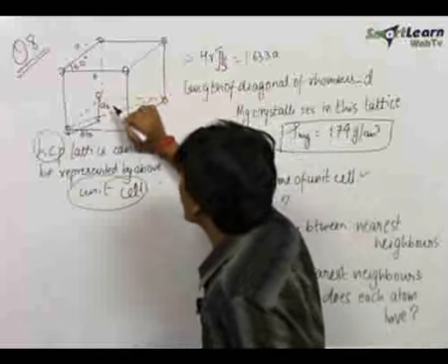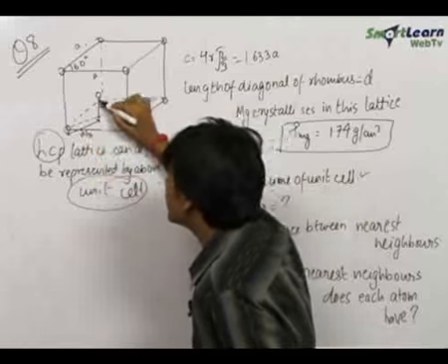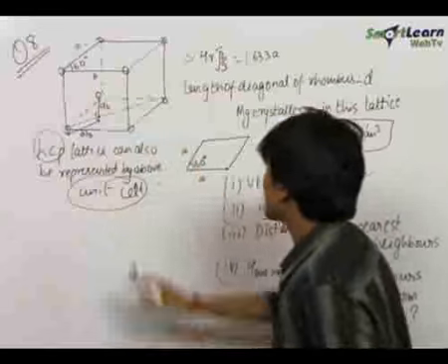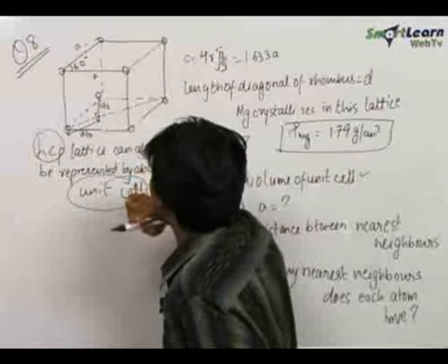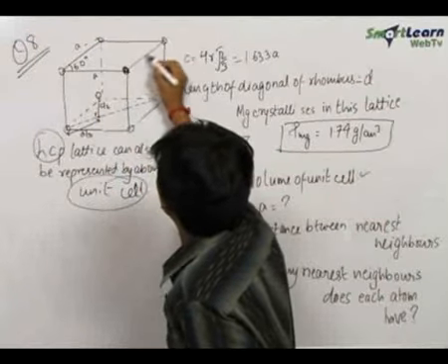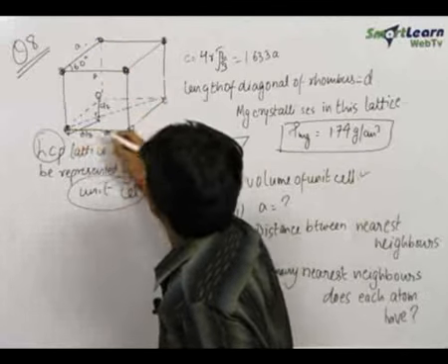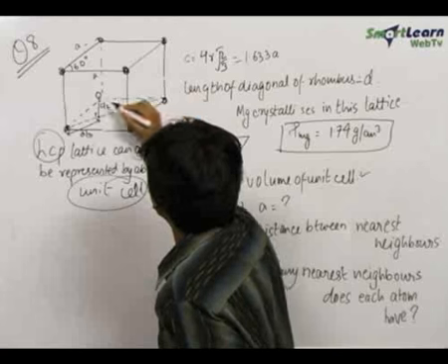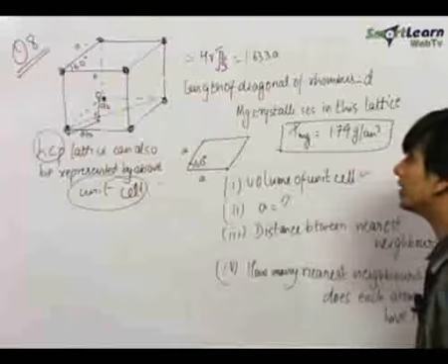This atom is located at a distance d by 3 along the diagonal and c by 2 perpendicularly upwards, as given. This is a rhombus of side a, and these atoms are placed on the corners of this rhombus. So in total we have 8 atoms, plus 1, this one, 9 atoms that we have to deal with.